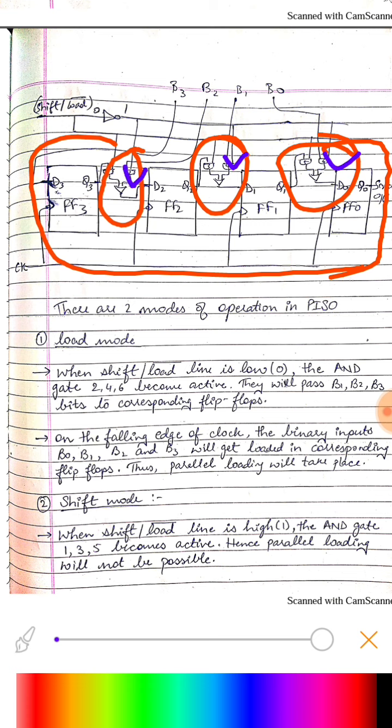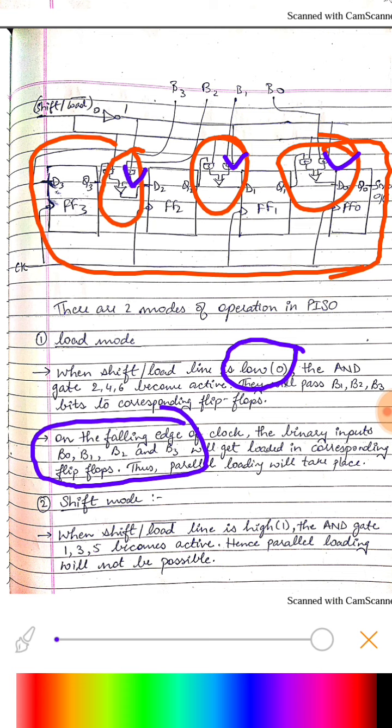These AND gates will become active and our data B0, B1, B2, B3 will be stored in the shift registers. If the select line is low, data will be loaded.